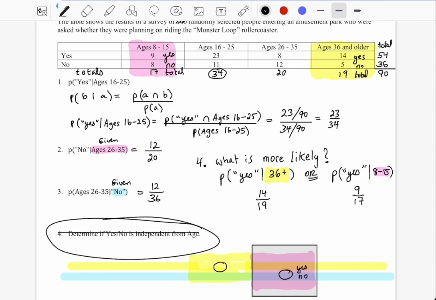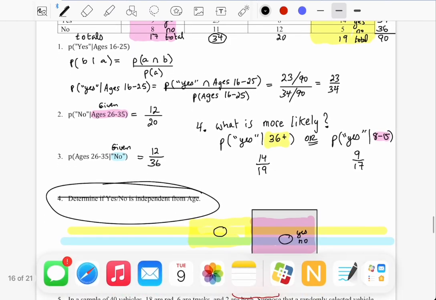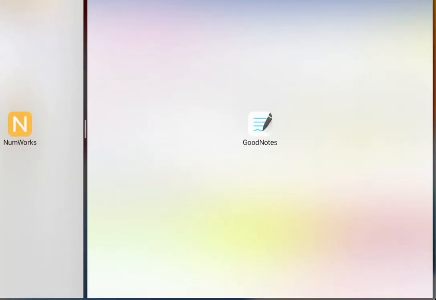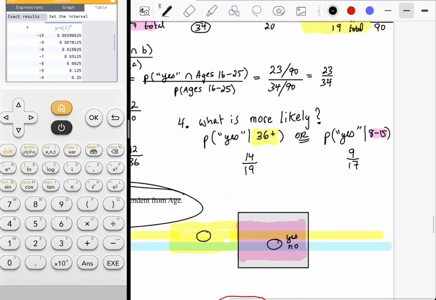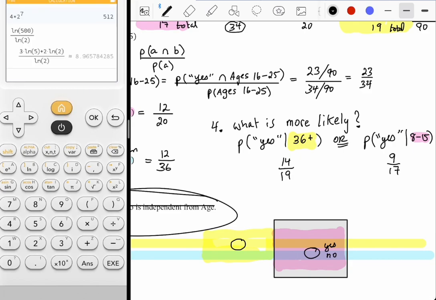It's sometimes hard to tell when you look at fractions with weird denominators. And so that's where you get your calculator involved. Let me see if I can easily bring it in. Not easily, but I can bring it in. All right, so we're looking at these two numbers, 14 out of 19. Let me just clear this out.